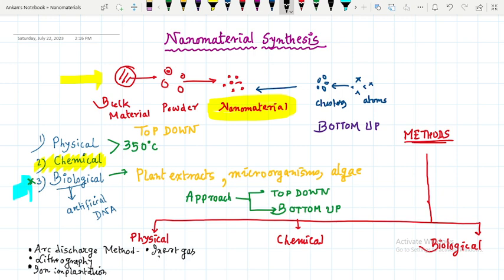Ion implantation. The next thing is inert gas condensation. Mechanical grinding. It is very important in this procedure. Okay, mechanical grinding.